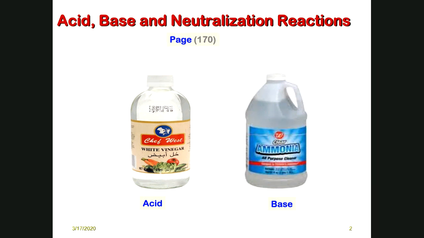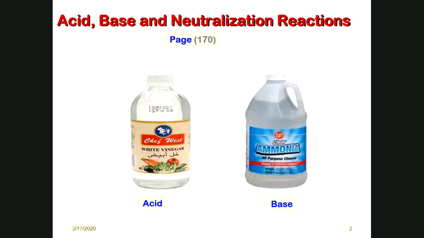Whereas the bases we use for household purposes are normally for cleaning. The one you see on your right hand side is ammonia, which is used for cleaning purposes. Some of the green vegetables which are bitter in taste are actually basic in nature.